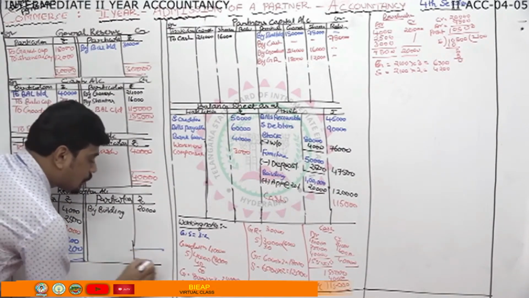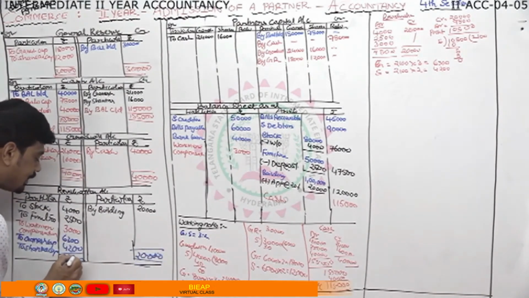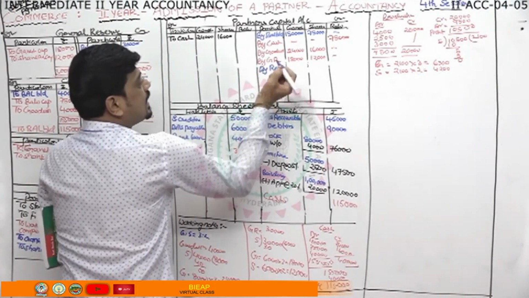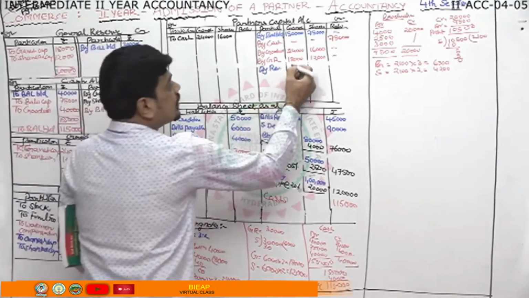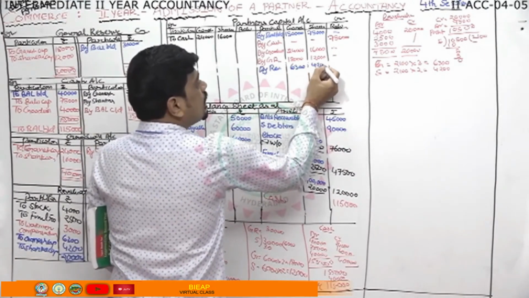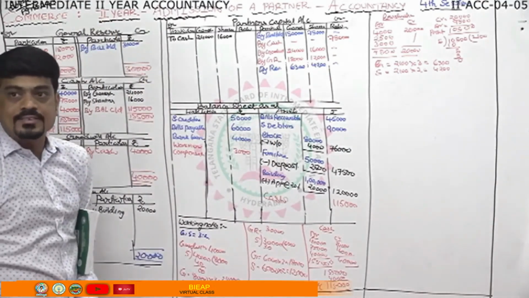So the account is closed with 20,000. So posting, by revaluation profit 6,300 and 4,200. So all the 4 accounts are closed. Now we have to close the partners' capital.